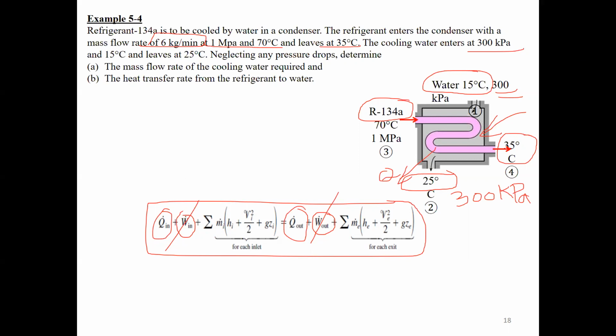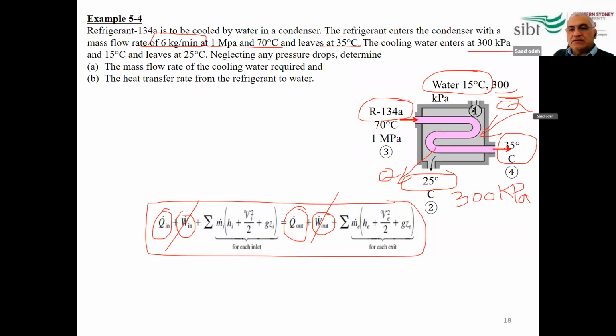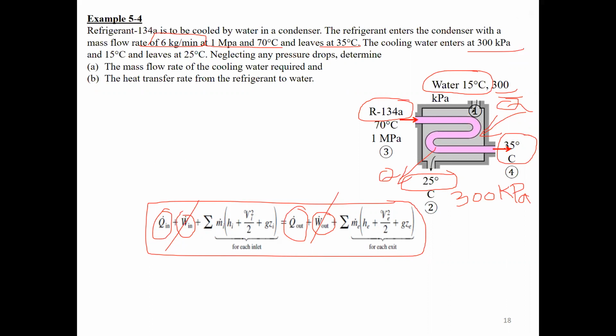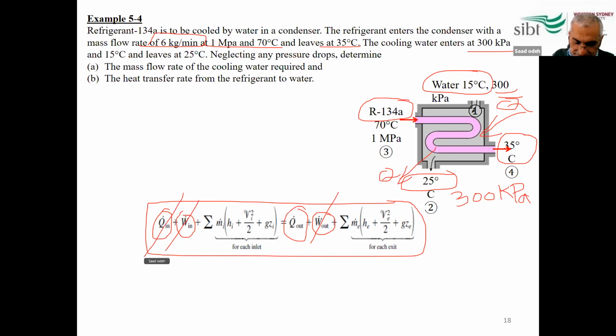Christopher? Do we have Q in and Q out from what you see in the figure, crossing the boundary of the heat exchanger? If you have any value for Q entering or leaving? Not given, but it's changing temperature, isn't it? Yeah, but this is inside. Yeah, I agree with you. It's inside the heat exchanger, but I'm talking about the outside. Oh, no. Nothing, right? So we can also eliminate these two parts.